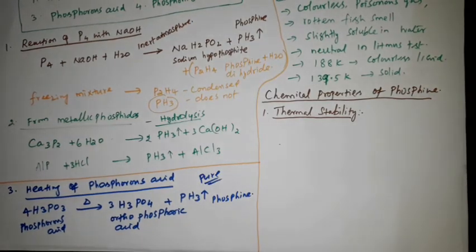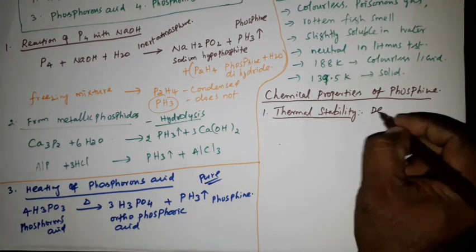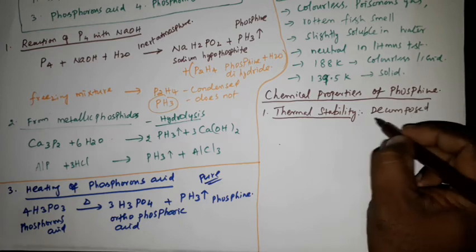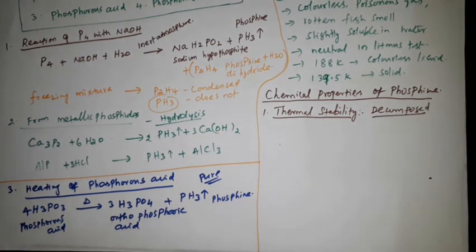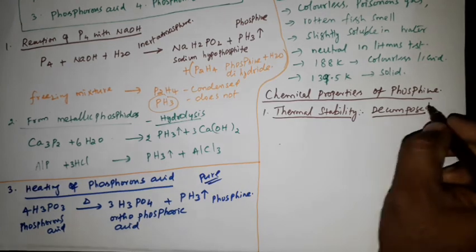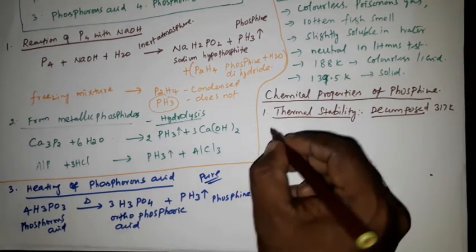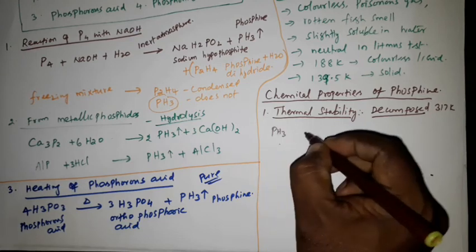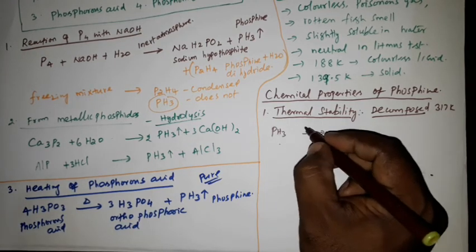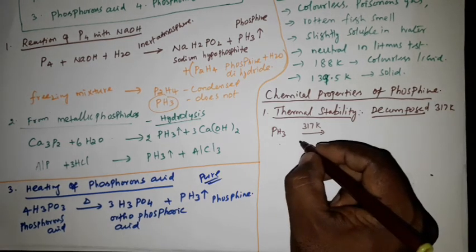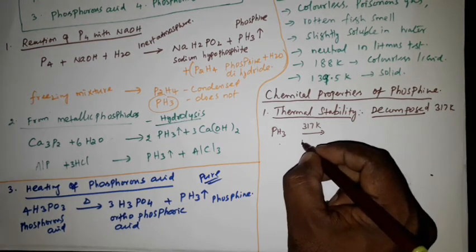Phosphine is decomposed into its elements. The reaction is phosphine, PH3, which is decomposed around 317 Kelvin either by heating or by passing electric current.